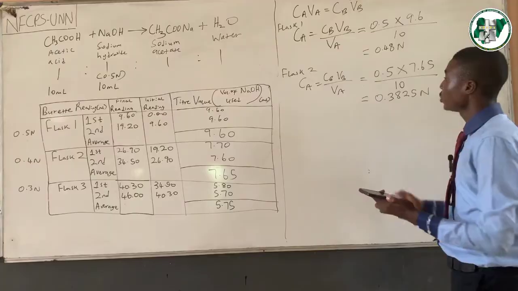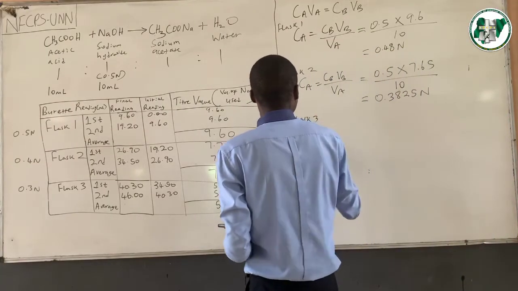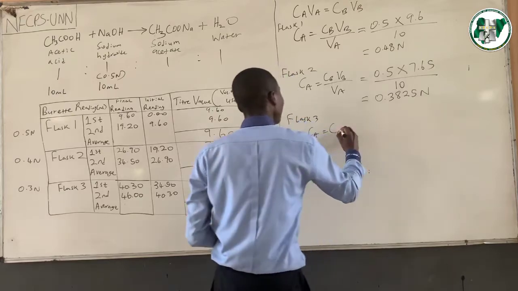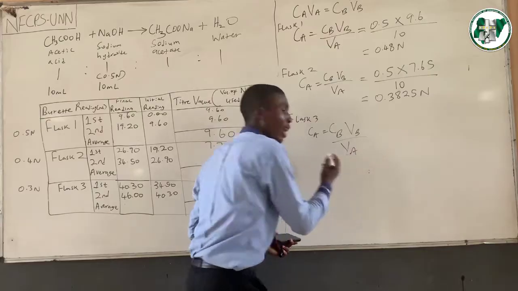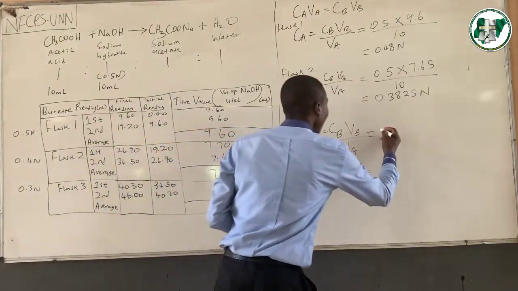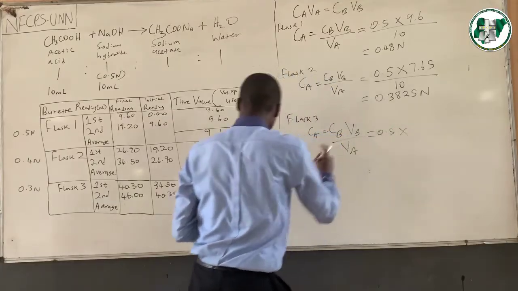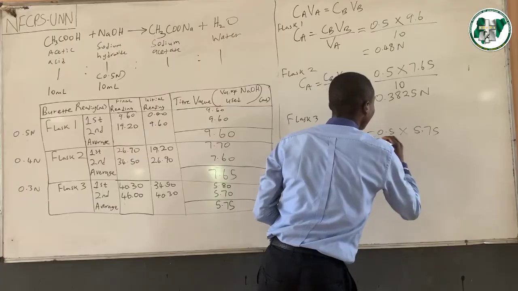So let us look at the calculation for flask 3. Ca equals Cb Vb over Va. Cb is still 0.5, and our Vb is our titer value, which is 5.75, our average titer value.